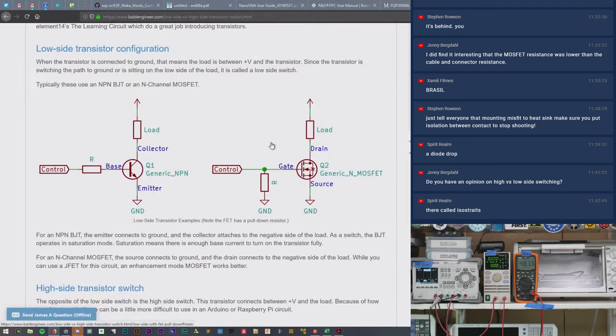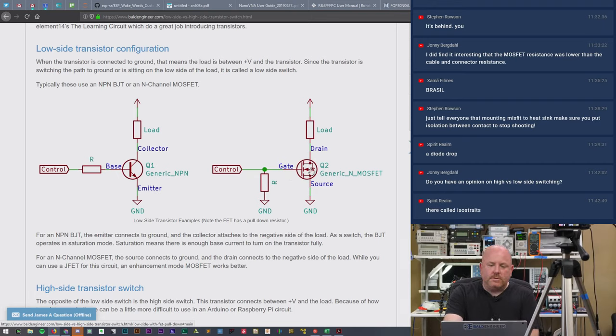Laptop overhead. So in this case, we were using this low side configuration, and it's called low side because the MOSFET is on the low side of the load. One of the downsides to this approach is when the transistor is off, this load is actually sitting at whatever the plus supply is.